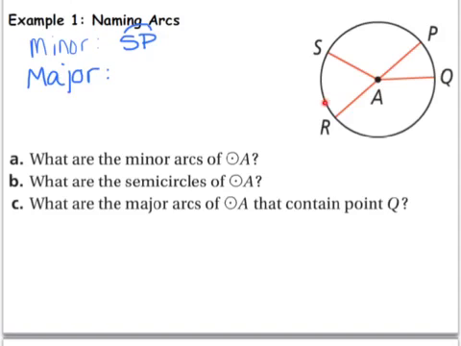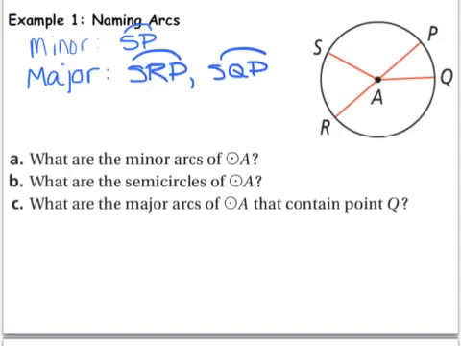You need three so that you know it's going to be a major arc. So if we wanted to name the major arc here, we would say arc SRP, still with the arc above it. Or you could name that exact same arc as SQP. As long as you have the S and P as your endpoints and one point vertex along the arc.